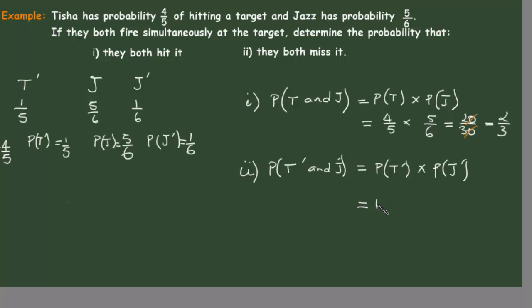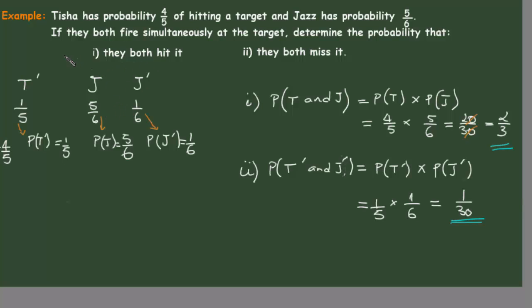This is what we got already: 1/5 for Tisha missing the target, times 1/6 for Jazz missing the target, and this gives us together 1/30. So this is our probability for both girls hitting the target, and here the probability of both missing the target.